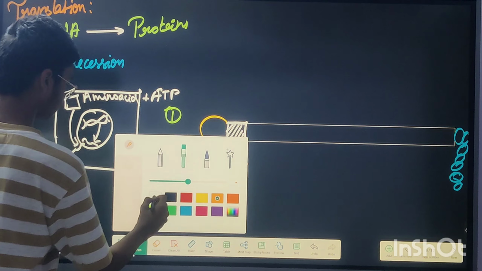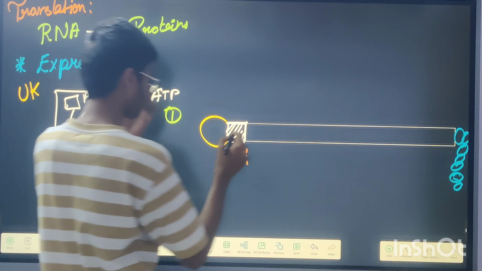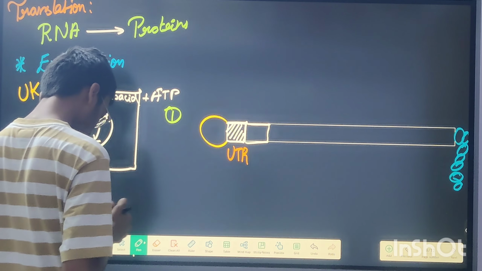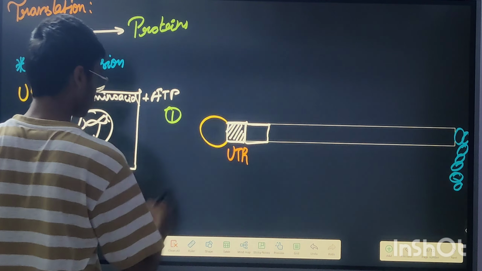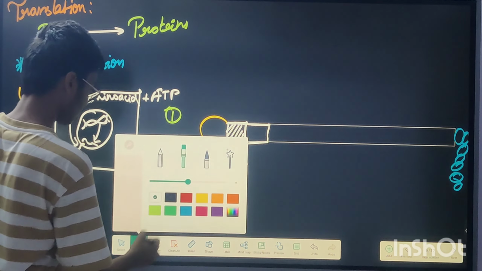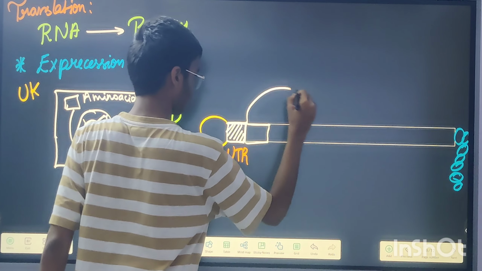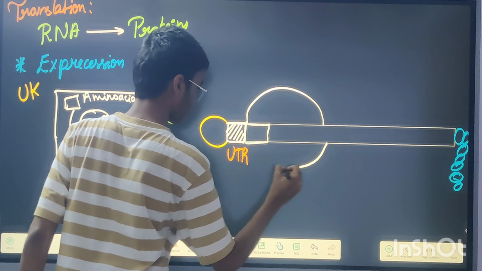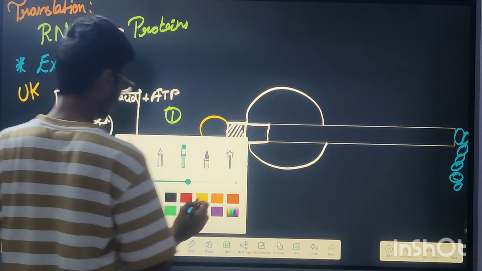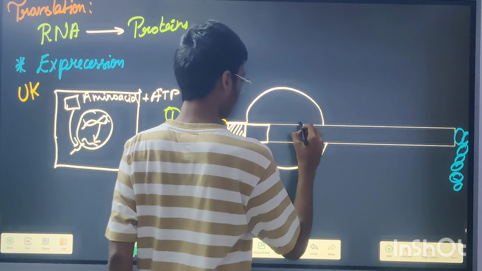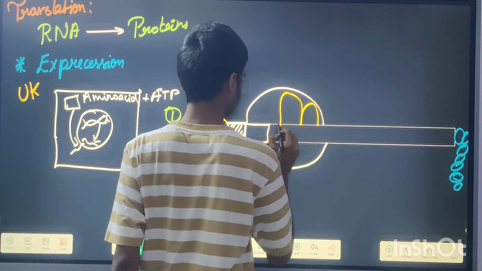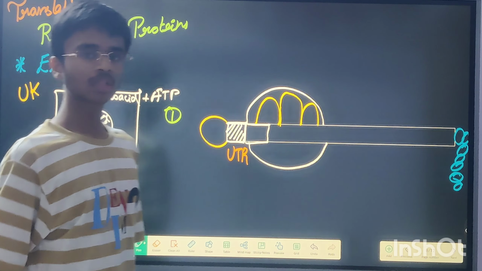After some space, after this UTR region, there will be this starting region where the translation starts to occur. This is the region where the RNA will be. This ribosome has 3 different compartments: first is the entry point, then the next point, then at last another point.